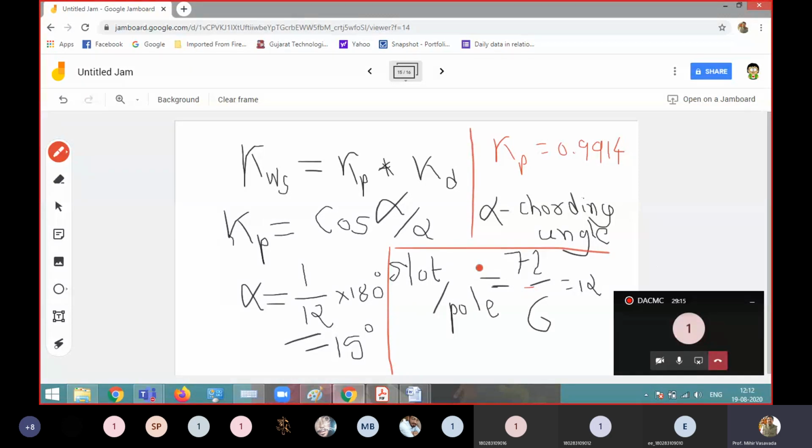Kd is the distribution factor. And who knows the equation of Kd? Sin m beta by 2 upon m sin beta by 2.